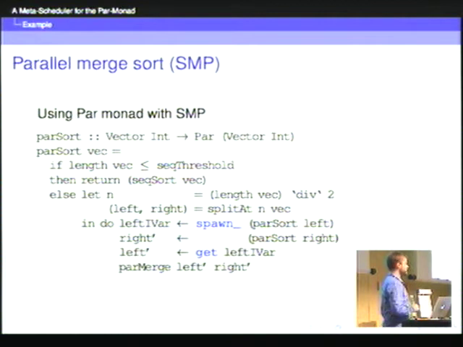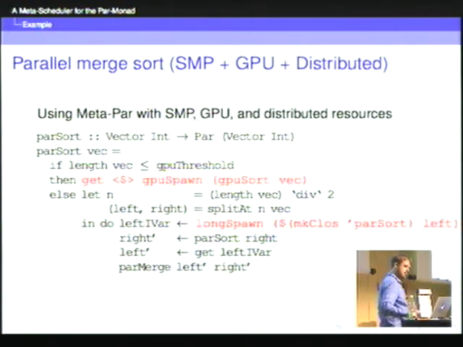So just to set the scene, what I would like to see us be able to do is take a merge sort program like this that uses the par monad primitives and is a reasonable implementation of a CPU parallel algorithm, and turn it into something like this, where instead of just bottoming out to a sequential CPU routine, we spawn a computation that might actually wind up running on the GPU.